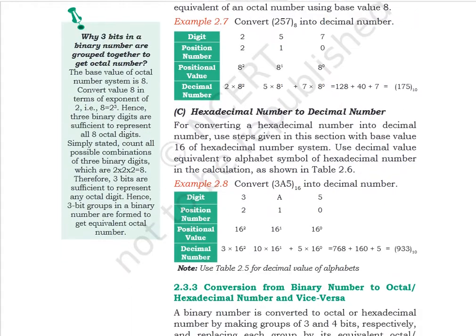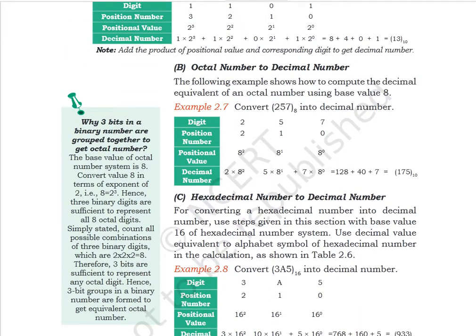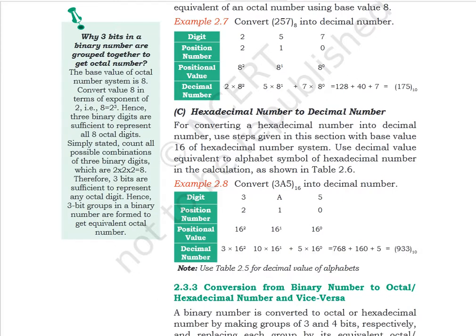Okay, same procedure. This is octal number to decimal number, and now from hexadecimal number to its equivalent decimal number. Same procedure, just we change the base value here. The base value of the hexadecimal number system is 16.